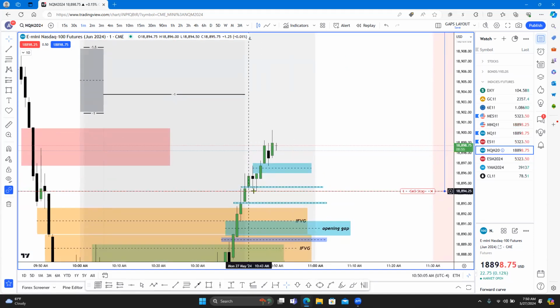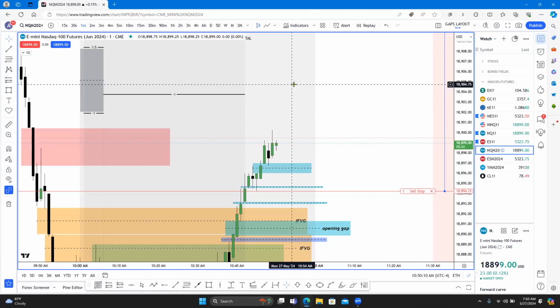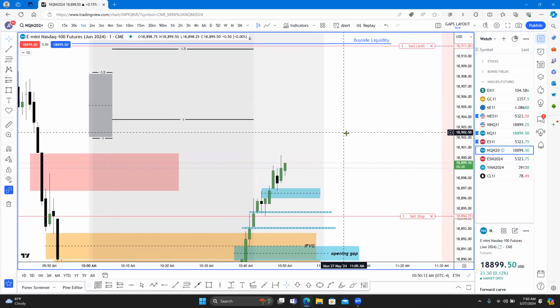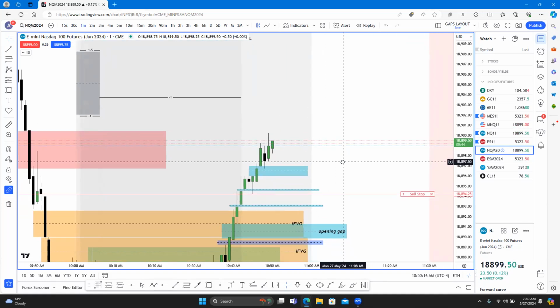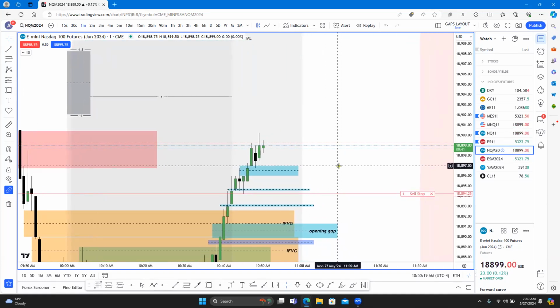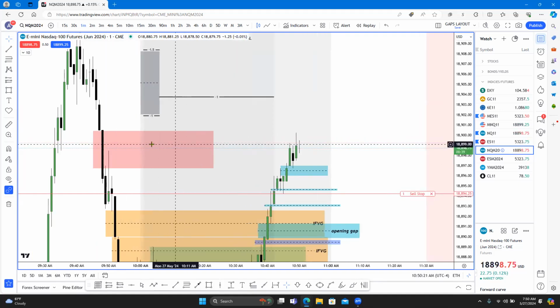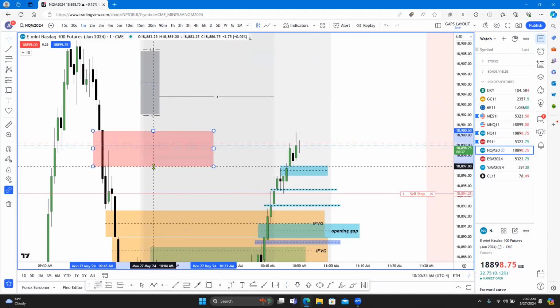Here's the thing. It could come, take this low out, internal liquidity, and then continue higher. So we're failing to get above this gap in here.